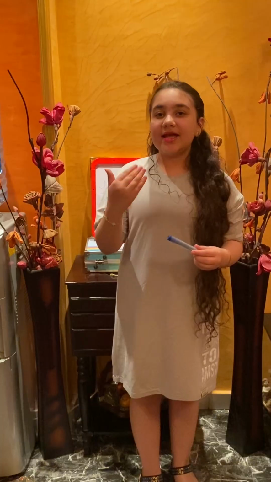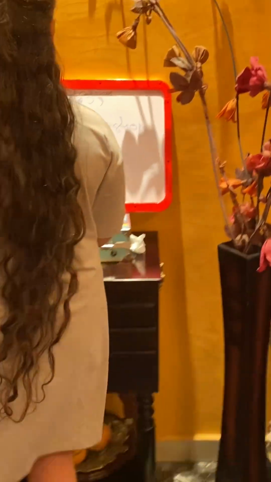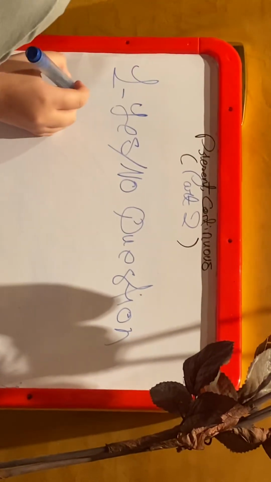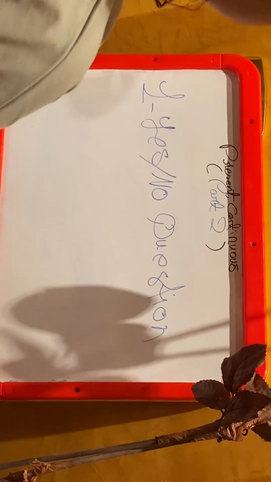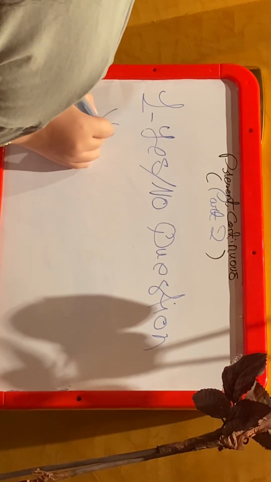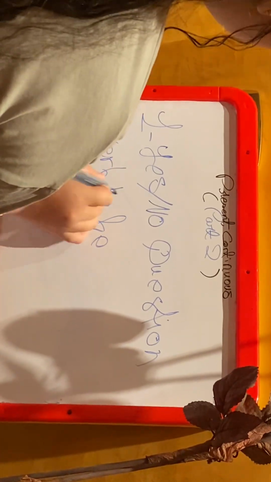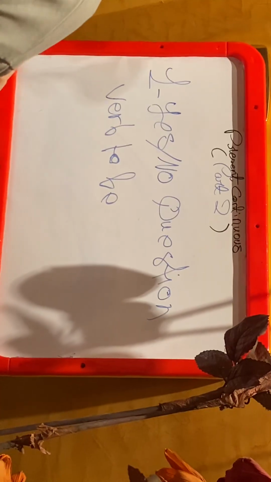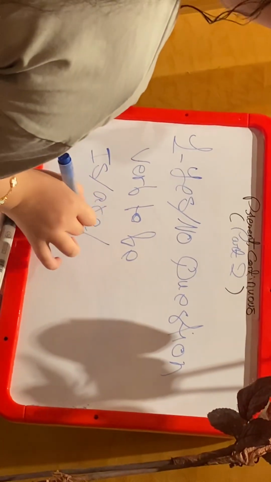Okay, guys, let's now see how you can form it. To form this type of question, for example, as in the example I gave you, "Is he reading a book now?", we first take the verb to be. If you forgot what the verb to be is, I will remind you. Verb to be means is, are, or am.